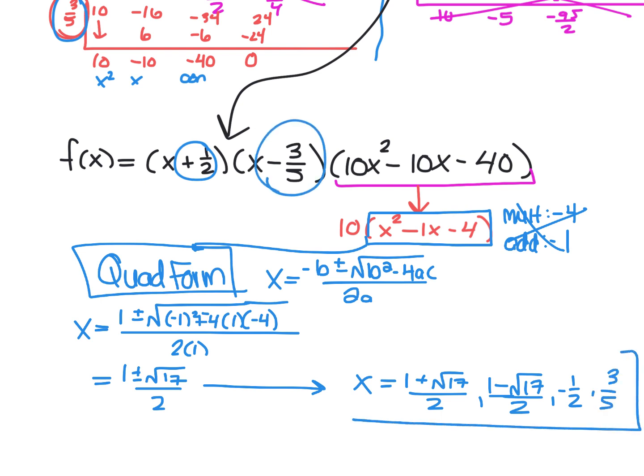So we're able to find all our four answers by utilizing our knowledge of the rational root theorem and testing out which ones work using synthetic division, and our quadratic solving strategies including factoring, quadratic formula, any of those. So here are our four solutions, or our four zeros, to our polynomial function.